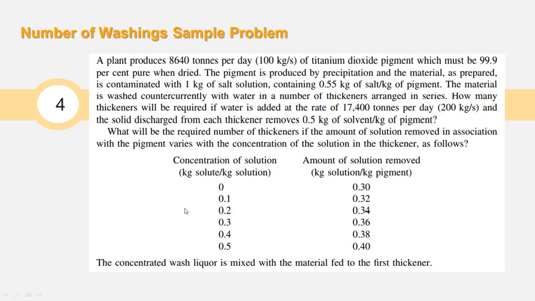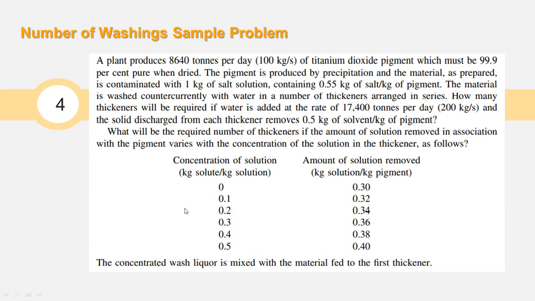In here, a plant produces 8,640 tons per day, equivalent to 100 kilograms per second of titanium dioxide pigment, which must be 99.9% pure when dried. So just like the third sample problem, the solid after being washed in the thickeners will be dried.